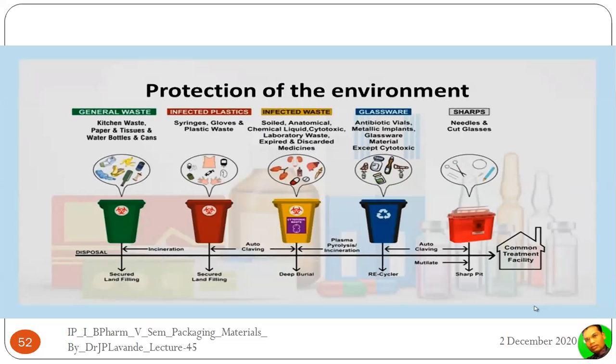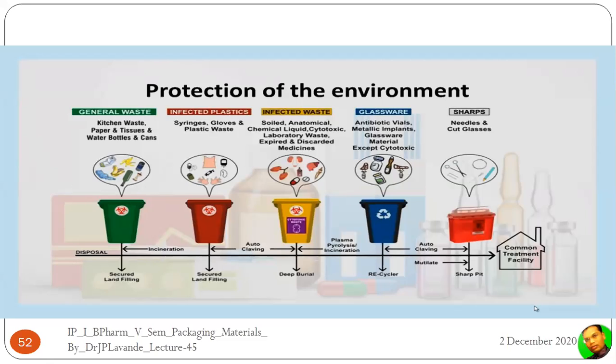Like general waste material, say kitchen waste, paper tissues, water bottles and cans, can be properly disposed of. They can be subjected to incineration, and then securely filled into the land, which is called landfilling.